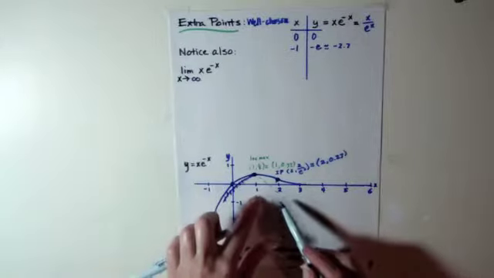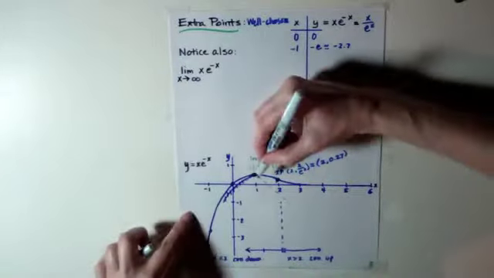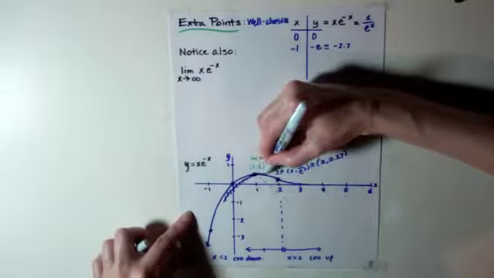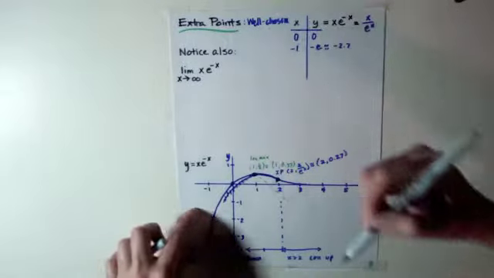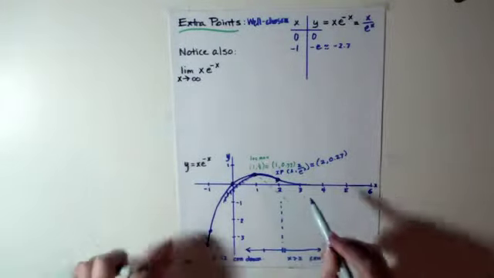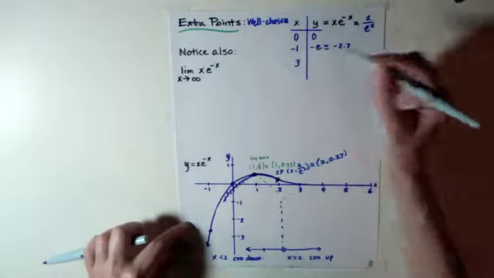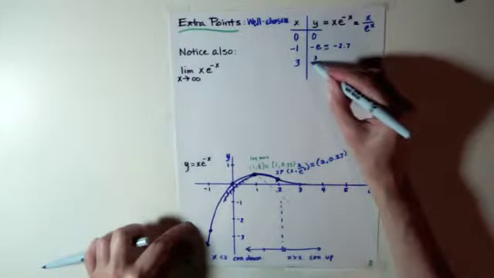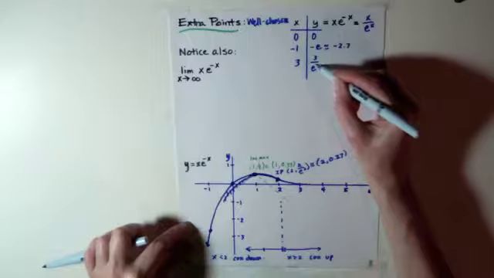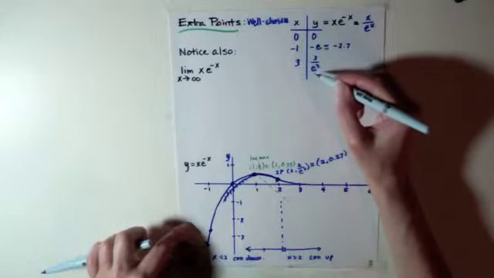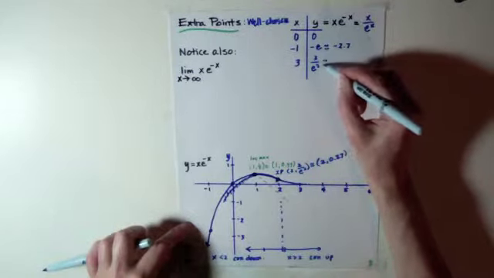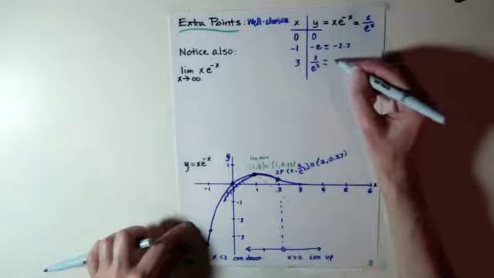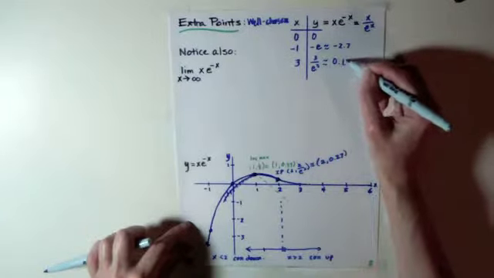If you want to, you could plug in something between 1 and 2. My curve is supposed to stay concave down till I get to that inflection point. I think the next point that I plugged in was 3. And when you plug 3 into this, you get 3 over e cubed. Because you have an exponential function in the denominator, this is going to be pretty small. And in fact, it turns out to be the number 0.143.